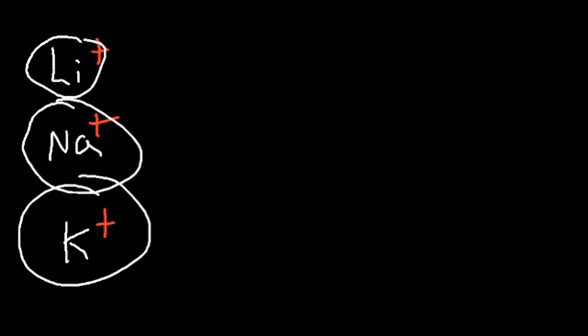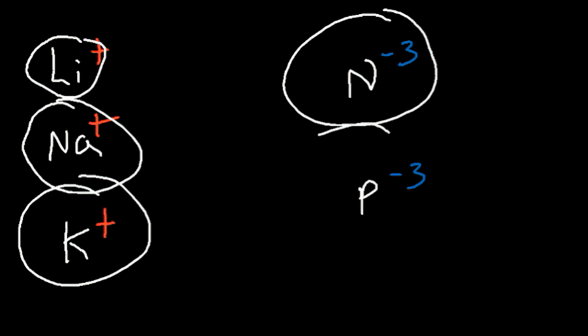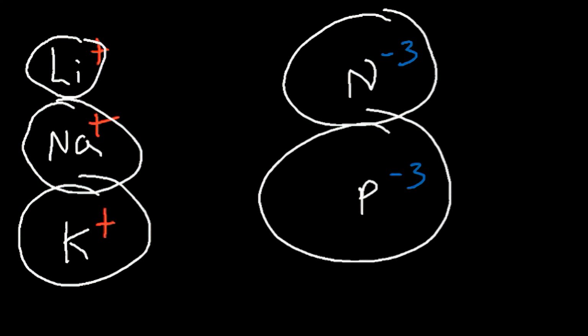So as you go down, the number of electron shells increases, and therefore the ions will increase in size. So if you compare the nitride ion with the phosphide ion, the nitride ion is pretty big, but the phosphide ion is even bigger. So ionic radii increases as you go down a group.